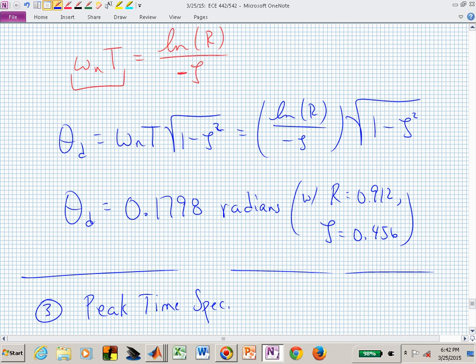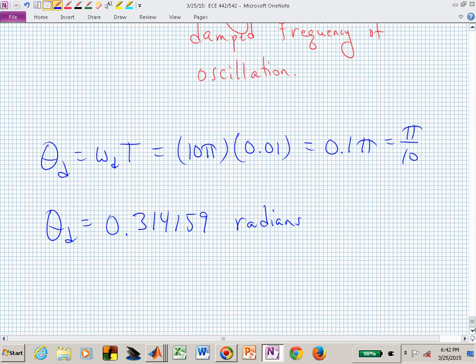Is that fast enough to satisfy our peak time spec, which is demanding an angle of 0.314? How many understand what I'm asking? Is it clear what we're trying?